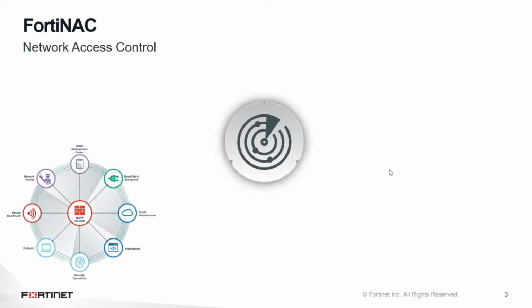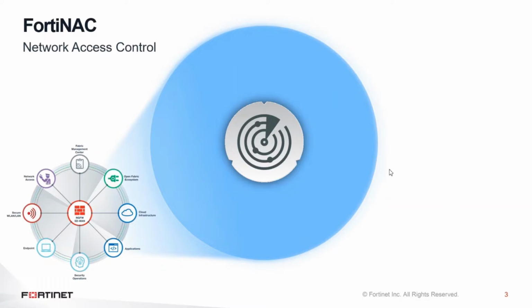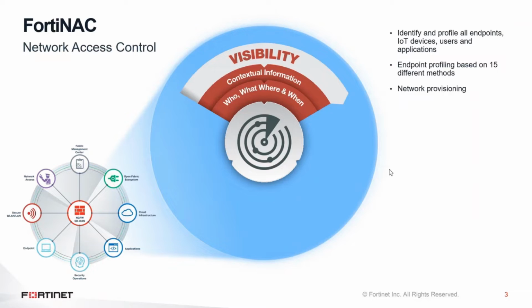So Fortinet brings these three capabilities needed by customers facing both IoT and multi-vendor environments, and other issues, with capabilities around visibility, control, and automated response. So when we talk about visibility, Fortinet can see every device and user when it connects to your network, which provides complete visibility to what is connecting and what is connected to your network.